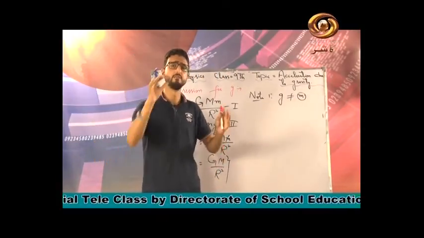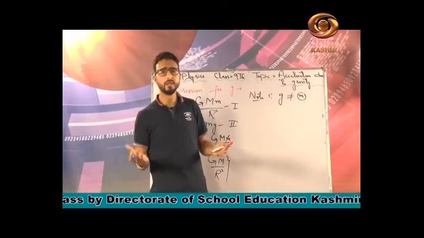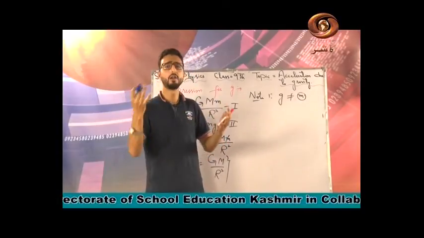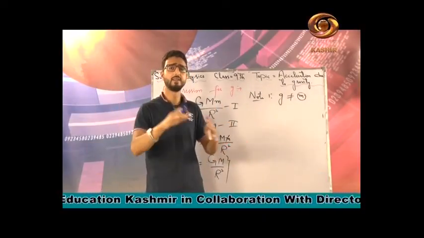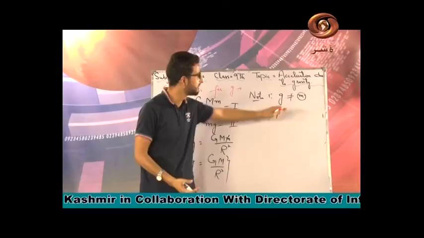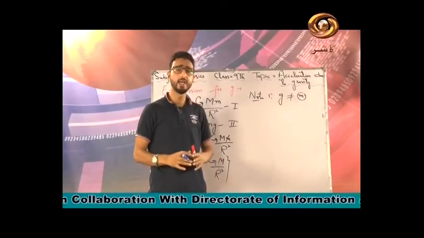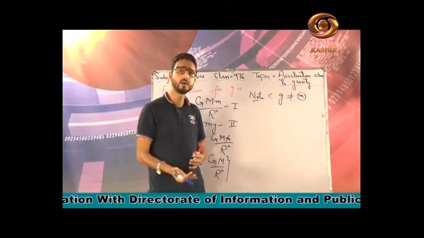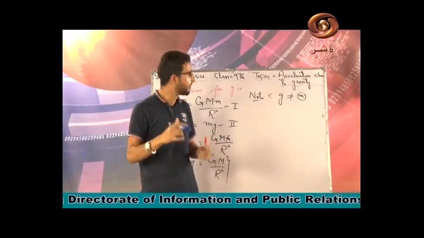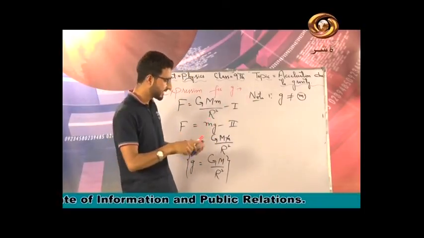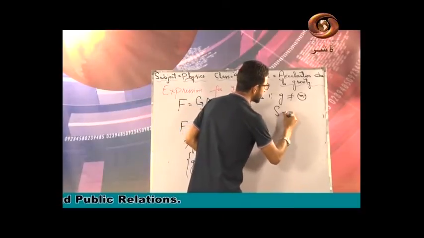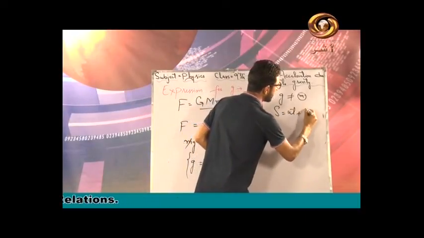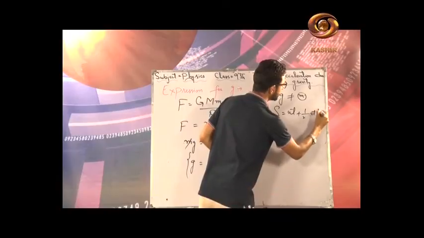All bodies, whether small or big, hollow or solid, will fall at the same rate. They will have the same acceleration due to gravity, because small g does not depend upon the mass of the body itself, right? Now can I interpret from this result, because you must have learned in equations of motion, S is equal to ut plus 1 by 2 at square.